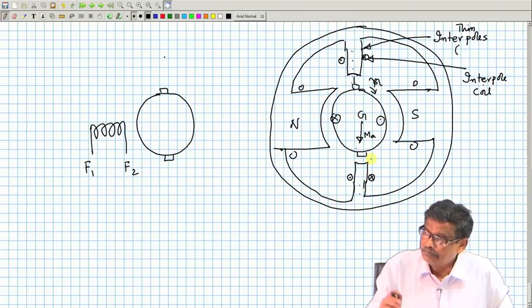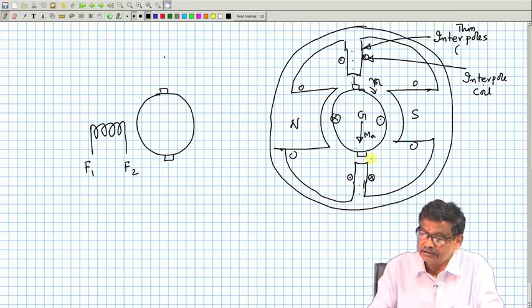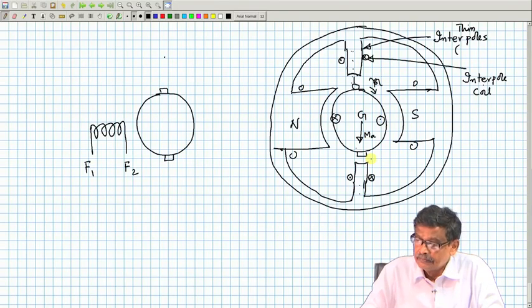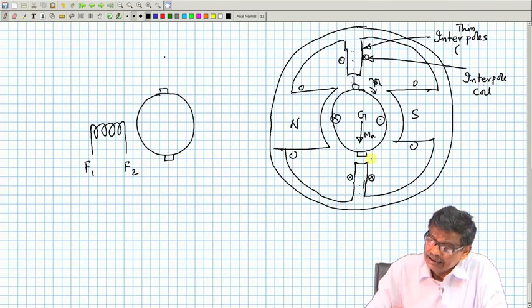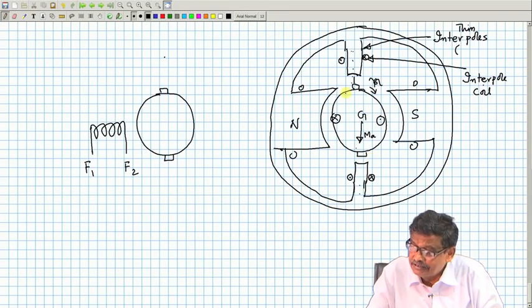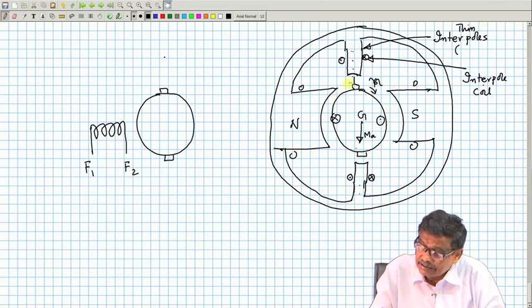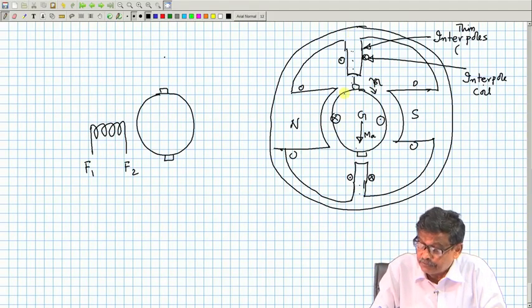Like that I have to put, because there will be some quadrature axis flux present. And this will take care of these nearby conductors. So, this cannot compensate for all the armature MMF.